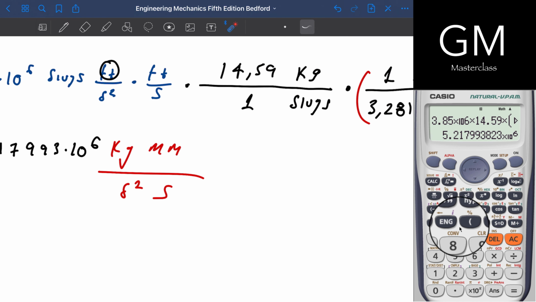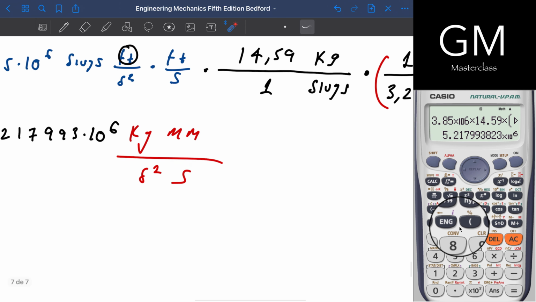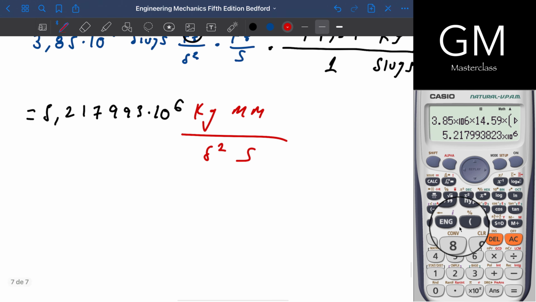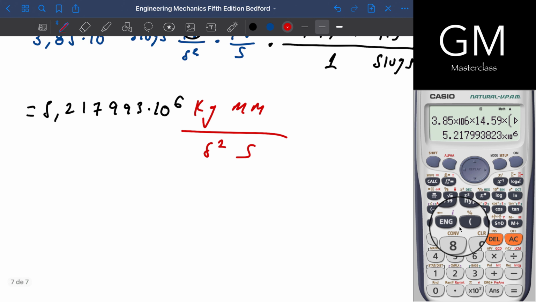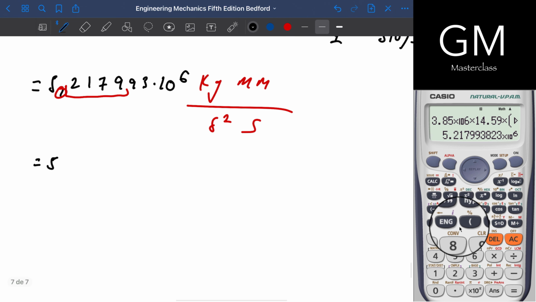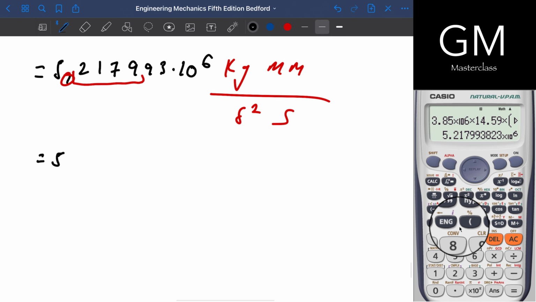So I already know that this is equal to a newton, and this is just a velocity. So the answer is, I'm going to use just 4 digits after the decimal point, because I always do. I don't have a specific reason for that, but I always use just 4 digits. 5.2179 times 10 to the 6th power newtons multiplied by meters per second.